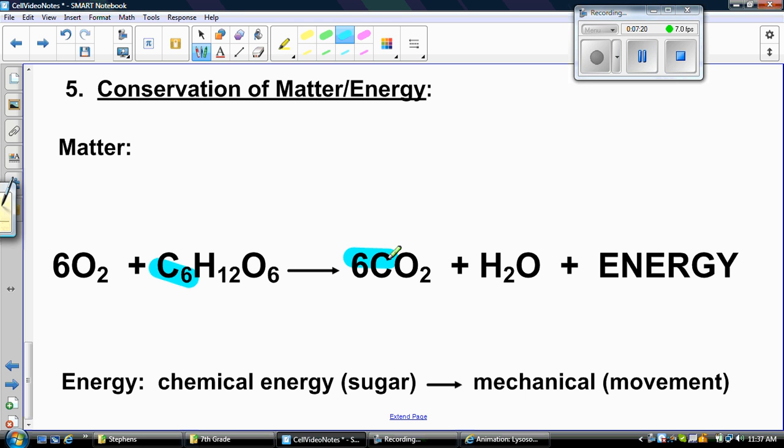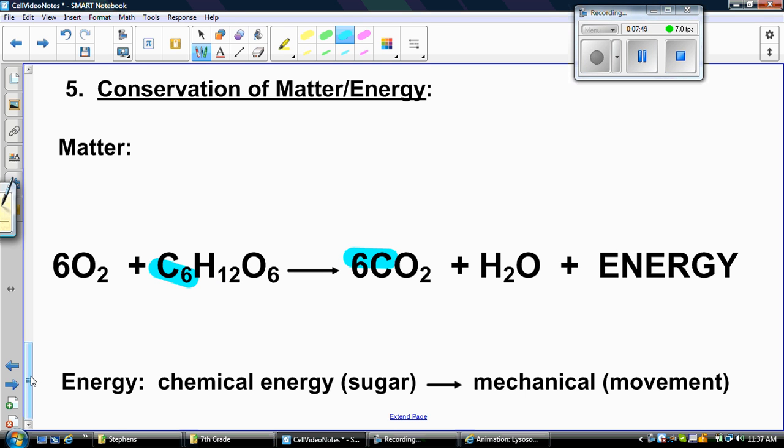Again, there are 6 carbon atoms. We didn't create or destroy matter. We just changed the matter. The carbon started off in glucose. It got changed into carbon dioxide. It's now in carbon dioxide. So again, cellular respiration supports the law of conservation of matter.